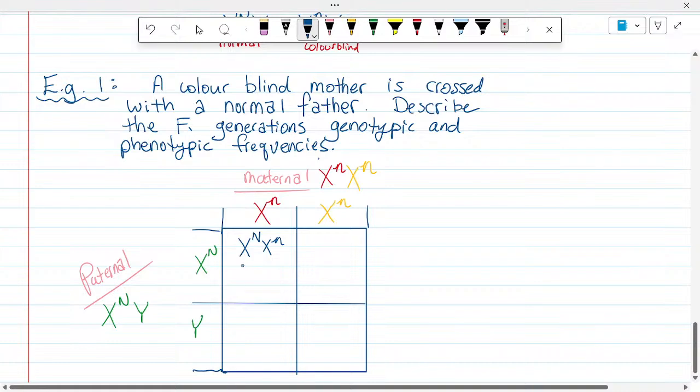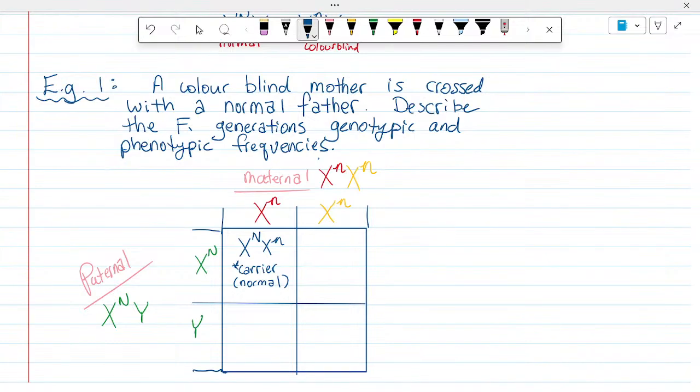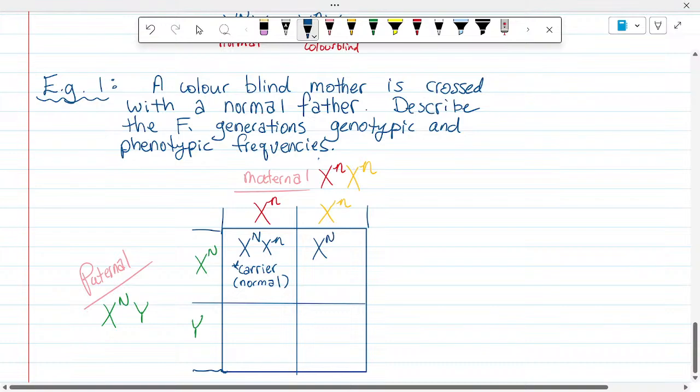And this one would be what we call a carrier. What's it mean to be a carrier? It means that phenotypically you're normal, but you do carry a copy of the disease gene. Does that make sense? What about this offspring? X big N, X little n. Who did it get the big N from?